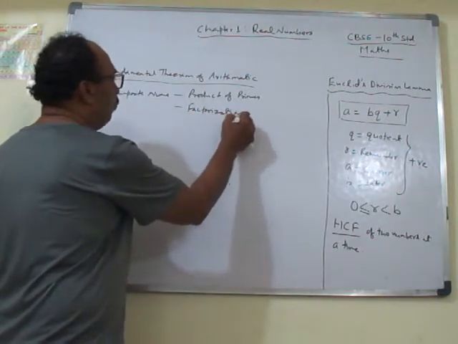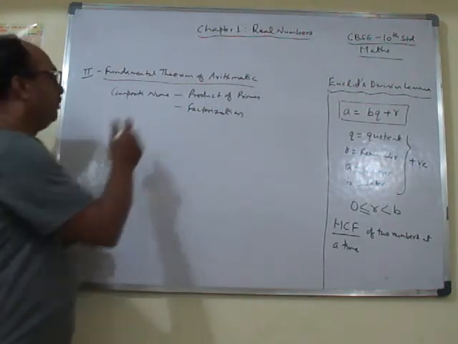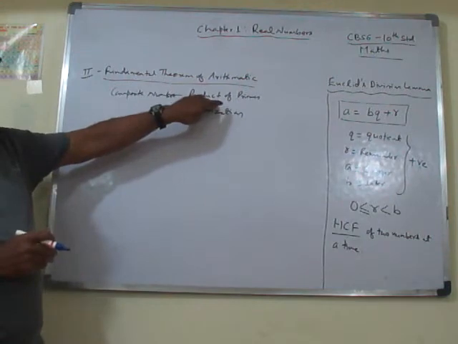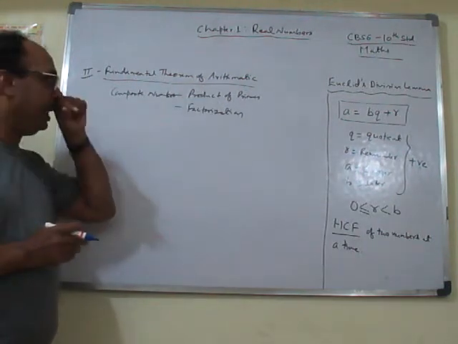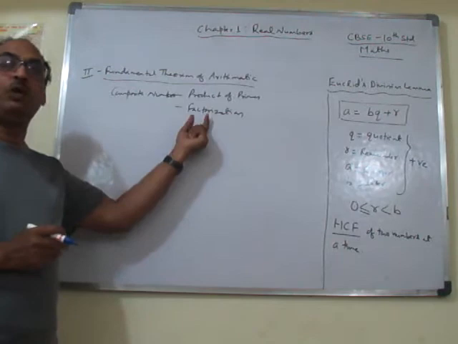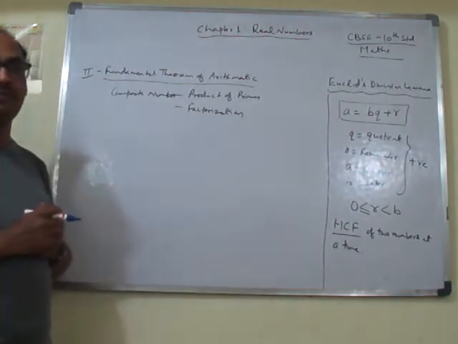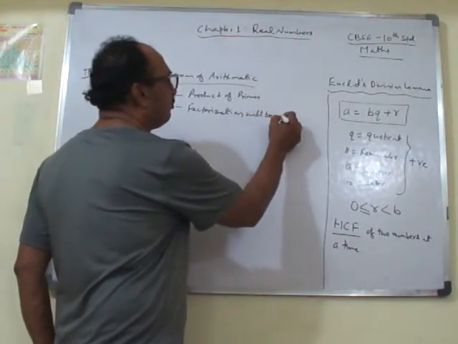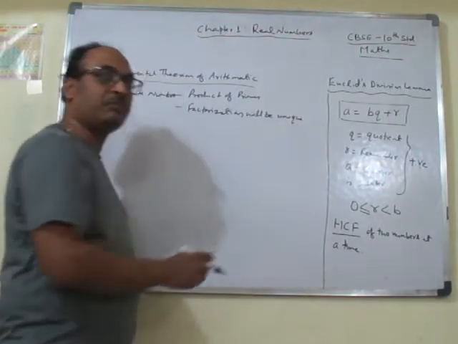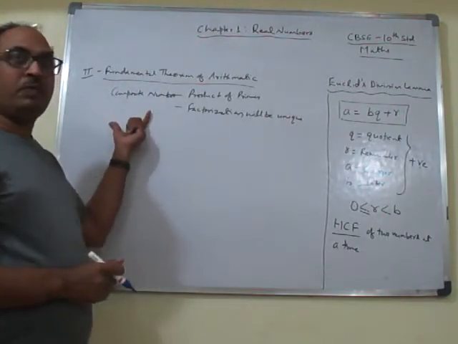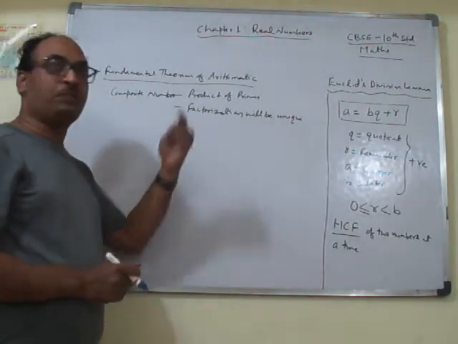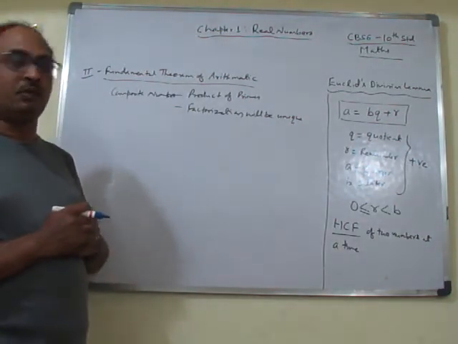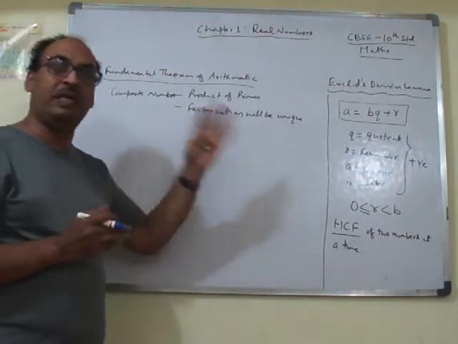If you are converting a composite number into a product of primes, it means you are factorizing, finding out its factors. So the factorization will be unique, though the order of the prime factors may be different. 3 may come at a different place, 5 may come at a different place.